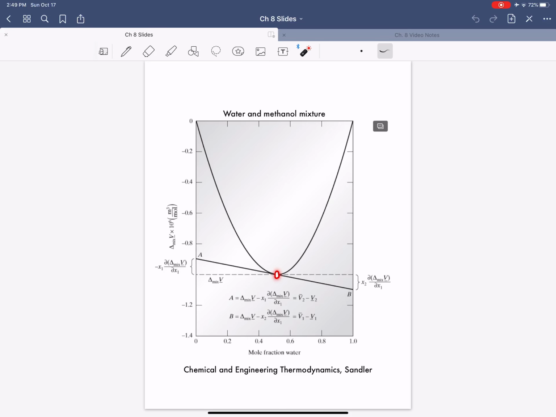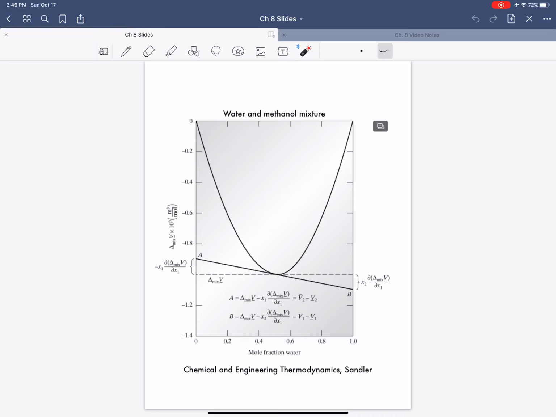And so at that data point, we would not only use the value of delta V mix, but we would also look at what the instantaneous slope is of that delta V mix, right? That's known as constructing a tangent line. Based on that slope and that value of delta V, you could construct a line that looks like this, that touches the curve in one spot.